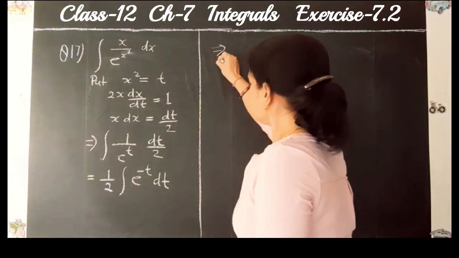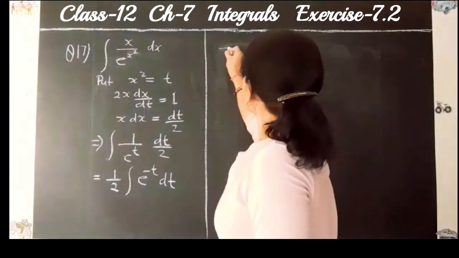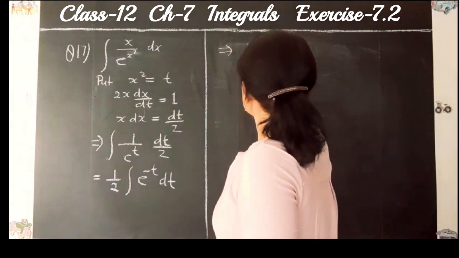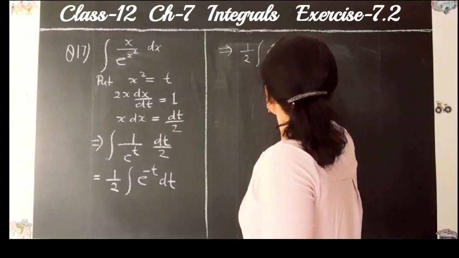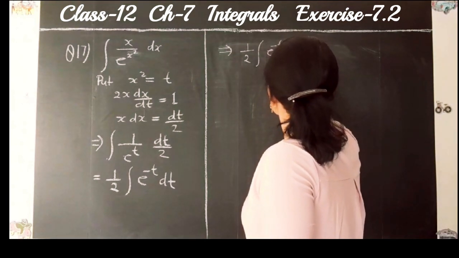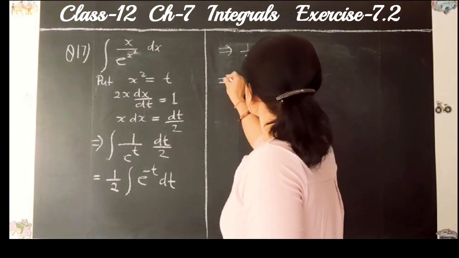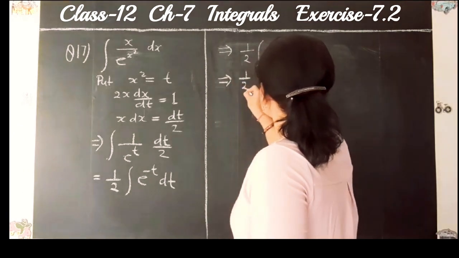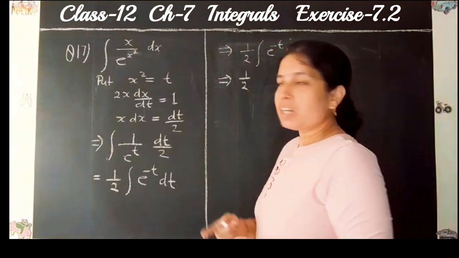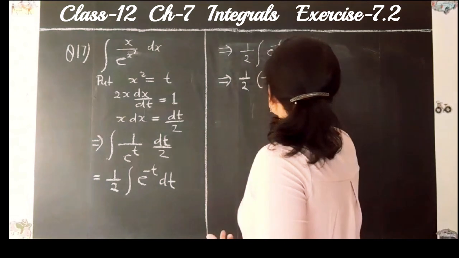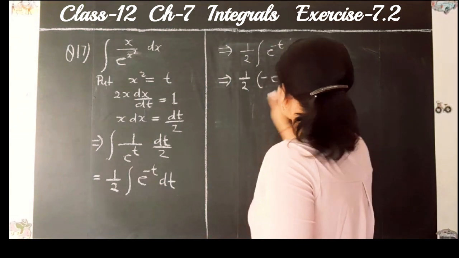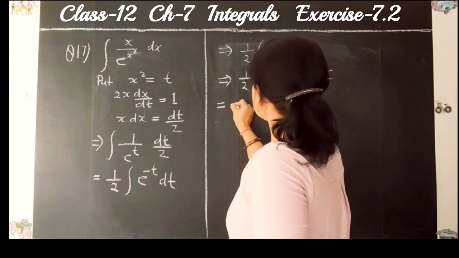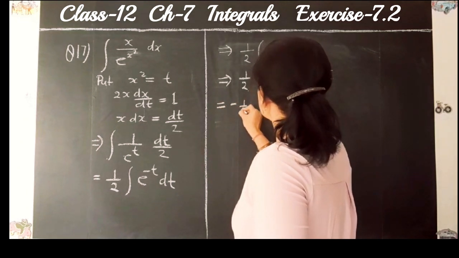Now integrate. So we can write 1 by 2 integral of e to the power minus t dt. Write this 1 by 2 as it is. When we integrate e to the power minus t, we get minus e to the power minus t and write a constant c. So we can write minus 1 by 2.